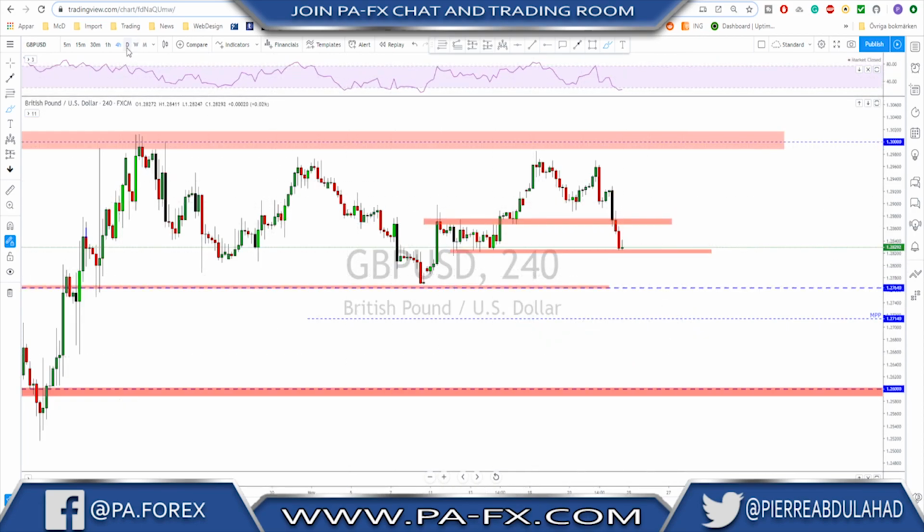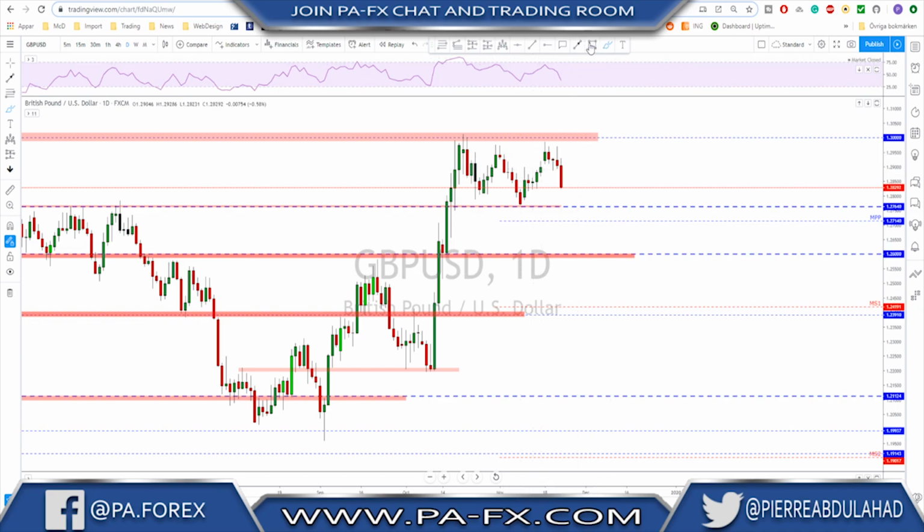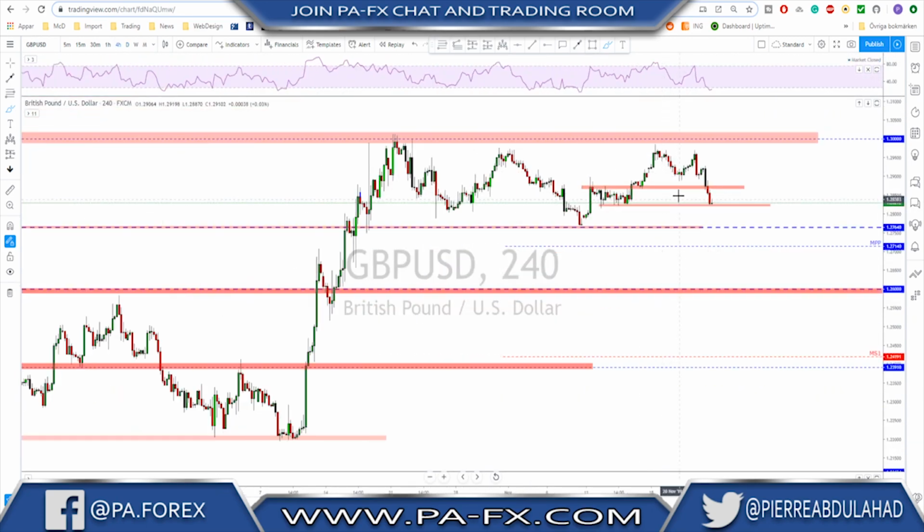Sterling, daily time frame, also we're still inside this range or bullish flag. It depends on how you see it. So this could be a bullish flag and looking for continuation, but in any case right now we are inside a possible range here, so we should play it as a range until you have a breakout of it.